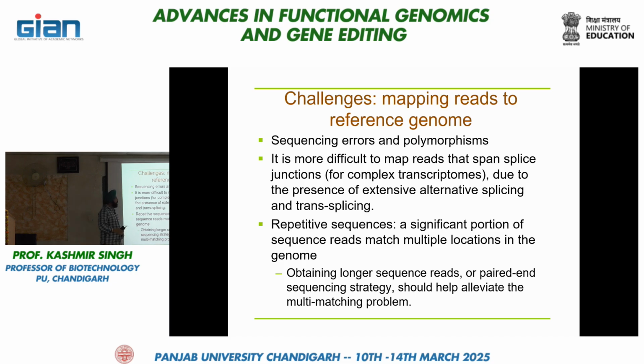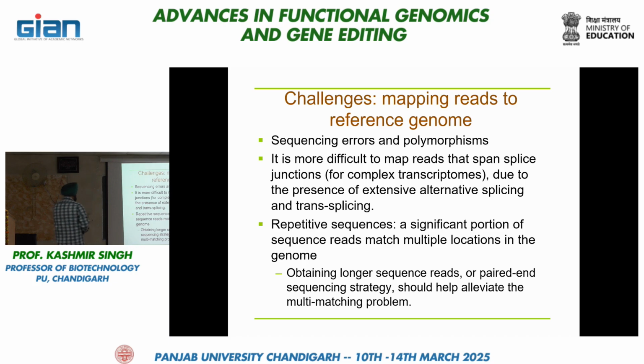It is also more difficult to map reads that span splice junctions. If you have splicing, reads will not align, because when we read the books, we say that if you align the DNA with the mRNA, the mRNA will bind at exons, and where there are introns, the DNA will make a loop. But the software will not make such loops. It will simply throw the read out of the alignment, because this is not matching with this.